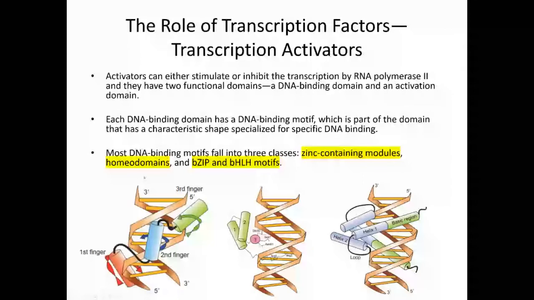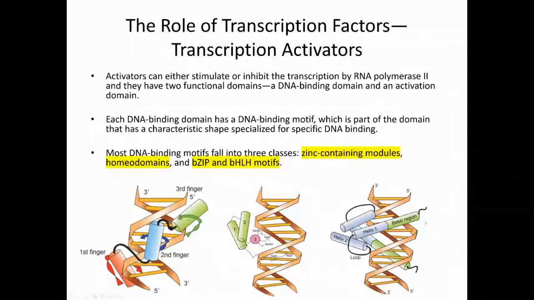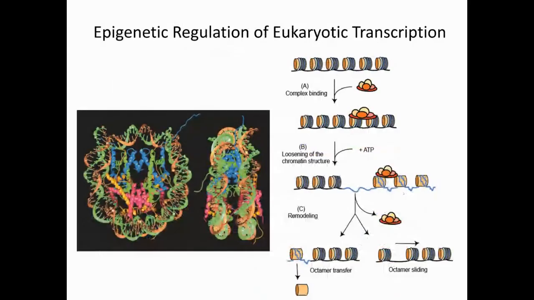Also, we have the homeo domain. The zinc finger, homeo domain, and then the bZIP and bHLH motifs in the transcription activator help the activator to bind, and then help the polymerase to stabilize at the promoter.